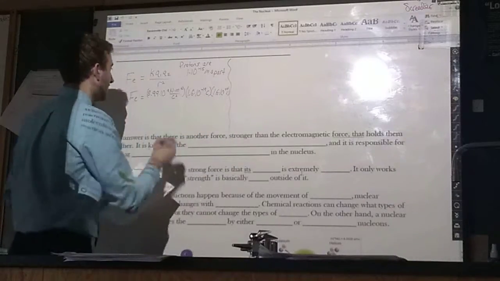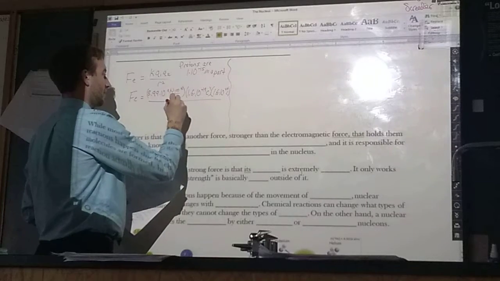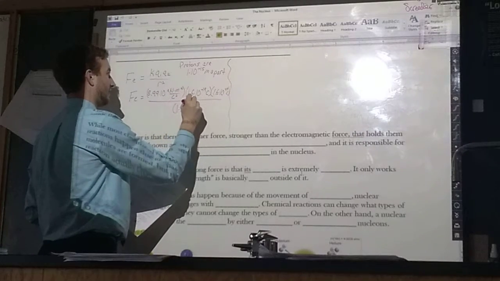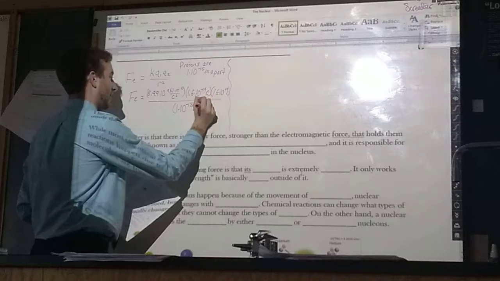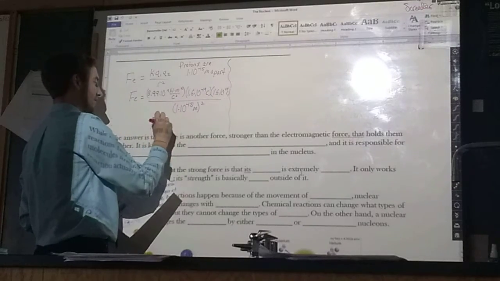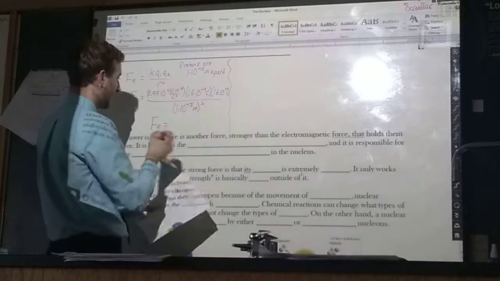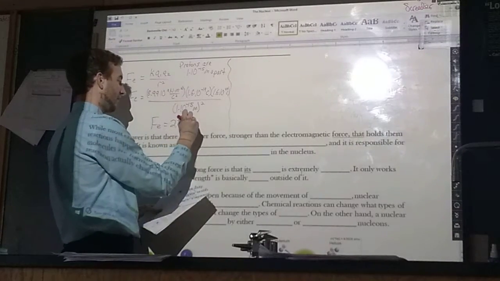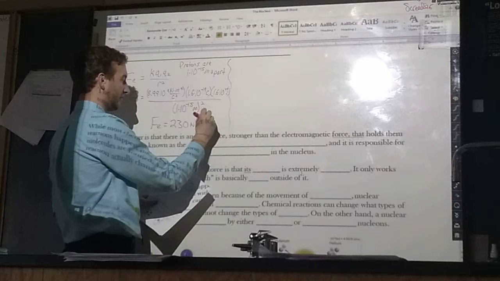And the distance between them is 1 times 10 to the negative 15th meters. Now, if you want, you can pause this and do the calculation yourself, but the answer for the force ends up being 230 newtons, and this is repulsive.